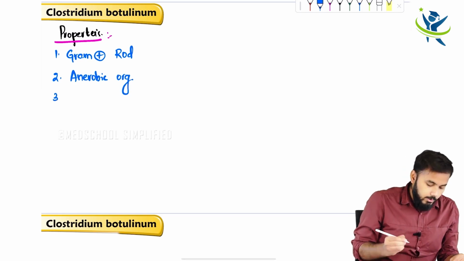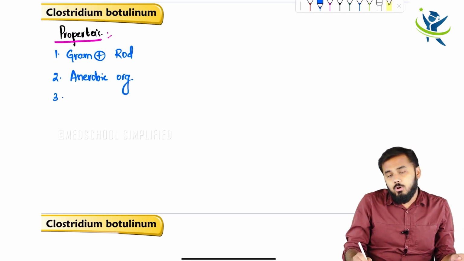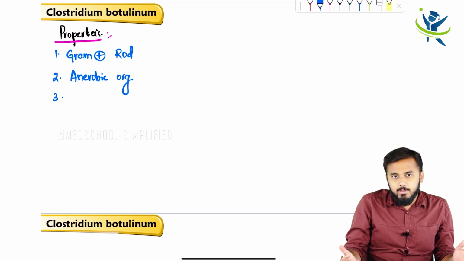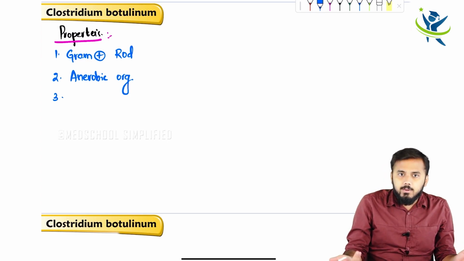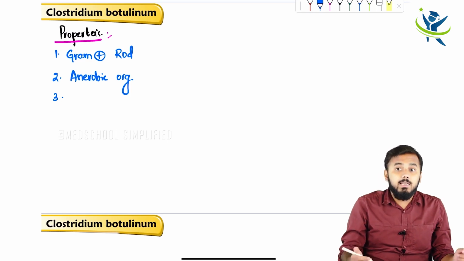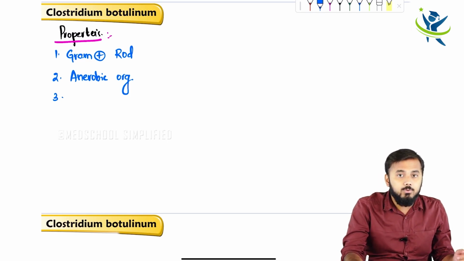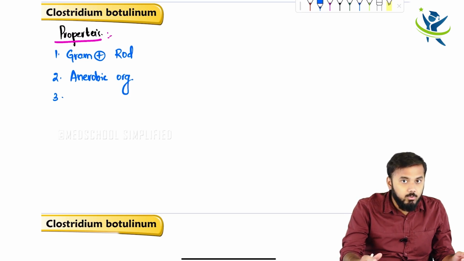The third important thing should always be the shape of this bacteria. Obviously it is a rod shape, but from an exam point of view, the shapes are different, and you have to know them.